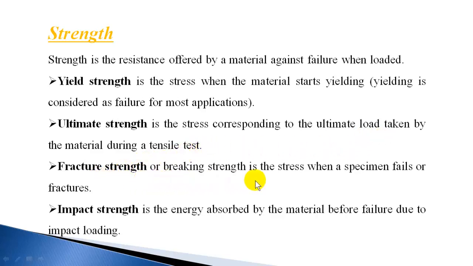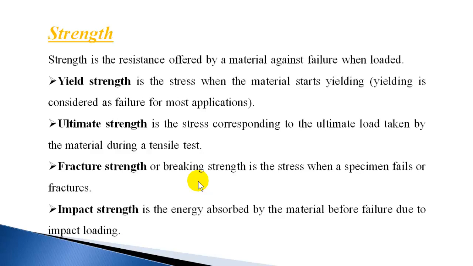Fracture strength or breaking strength is the stress when the specimen fails or fractures. At the point of failure, what is the stress? The stress at which the material fails or breaks, that is the fracture strength. In the nominal stress strain curve, you would have observed that fracture strength is less than the ultimate strength.